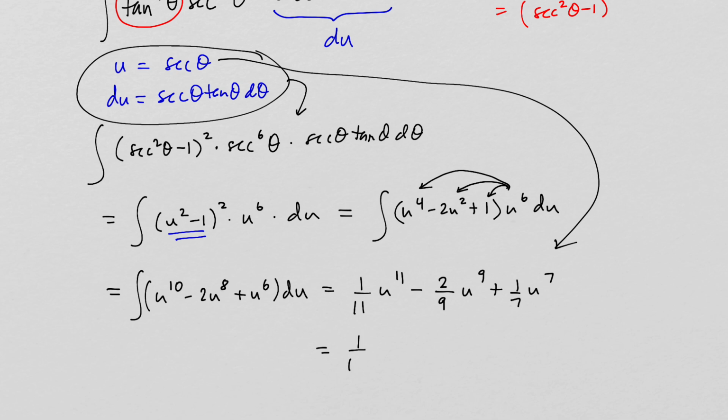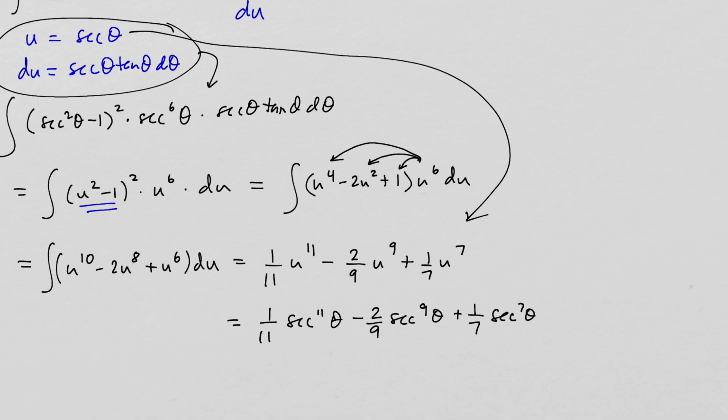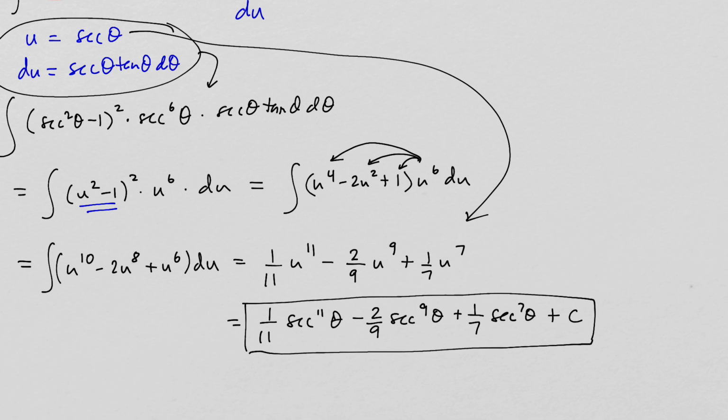So I'm going to write this as 1/11 secant to the 11th of theta minus 2/9 secant to the 9th of theta plus 1/7 secant to the 7th of theta. And now that I've plugged it back in, I'll say plus c for my final answer.